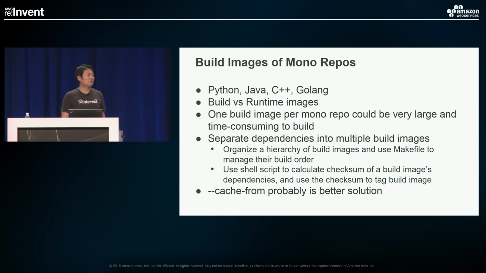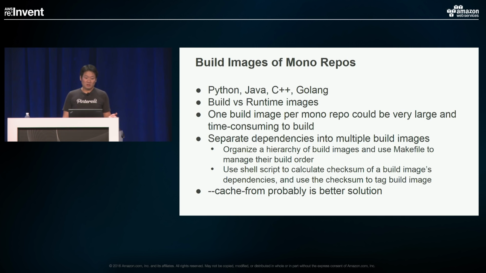It's not a problem for production because, as Scott mentioned in the practice, you use a runtime image which could be very, very small, to only have the binary and the runtime dependency. We use that way to build the runtime image.